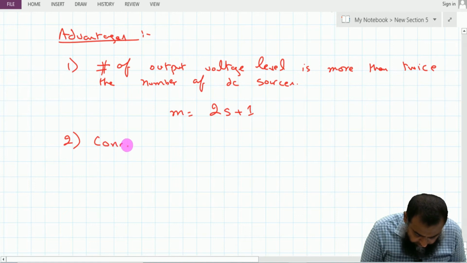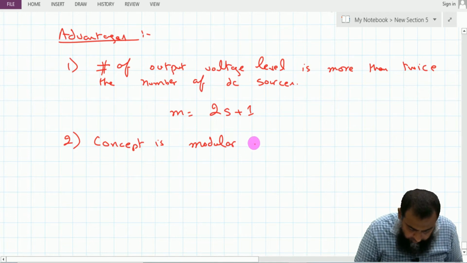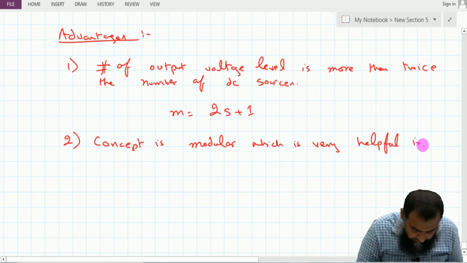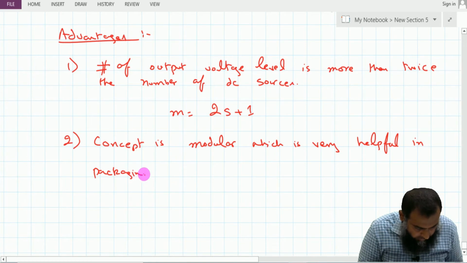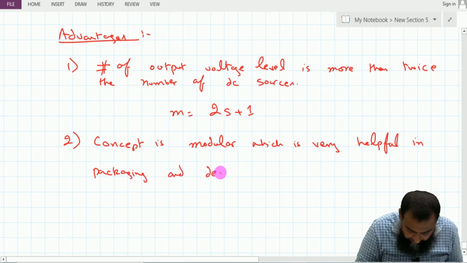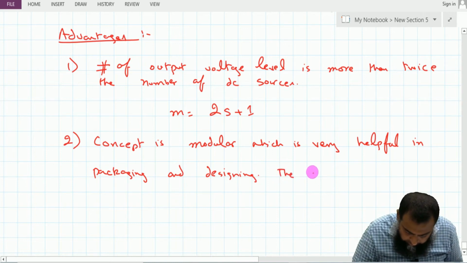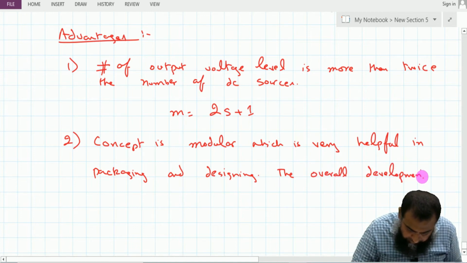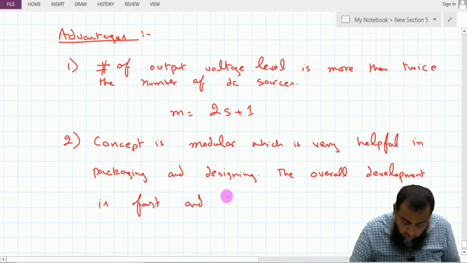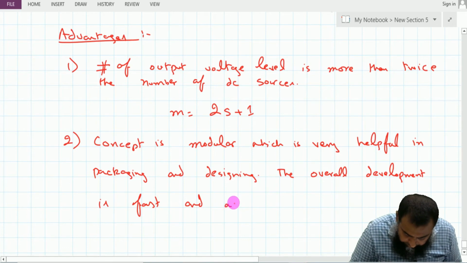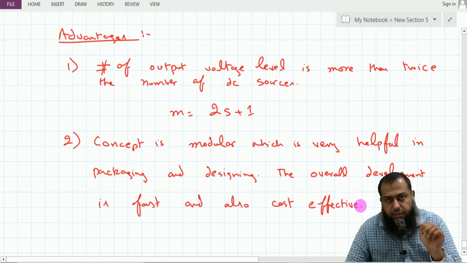So the concept is very modularized, which is very helpful in packaging and in the design phase. The overall development is not only fast but also cost effective, right? These are the advantages here.